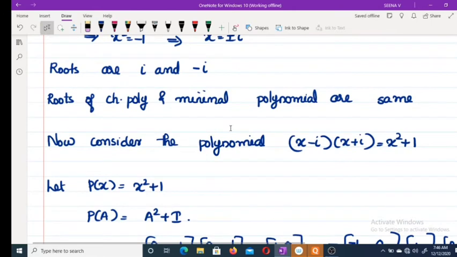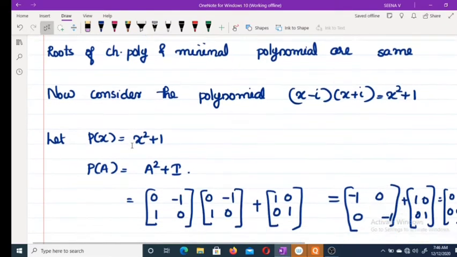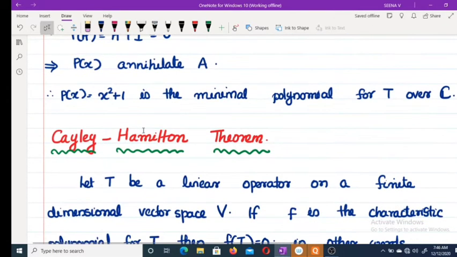In this case, the minimal polynomial and the characteristic polynomial are the same. But in certain other cases, the minimal polynomial need not be equal to the characteristic polynomial. Now we are proving one relation connecting the minimal polynomial and the characteristic polynomial, and that theorem is called the Cayley-Hamilton theorem.